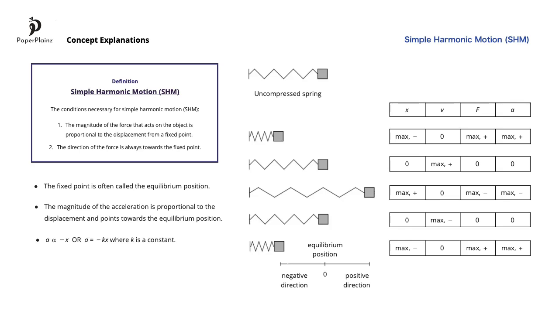Another way to write this is that a, acceleration, is equal to negative k times x, where x is the displacement and k is a constant. What the negative sign in this equation means is that the direction or the sign of the acceleration and the displacement are always opposite. This completes our discussion of the basic concepts about simple harmonic motion.